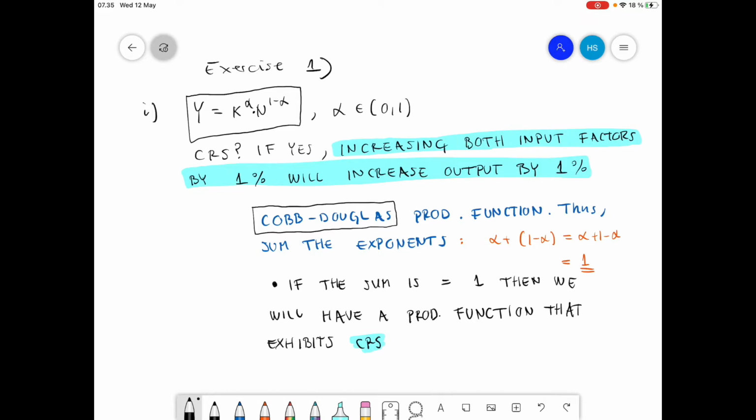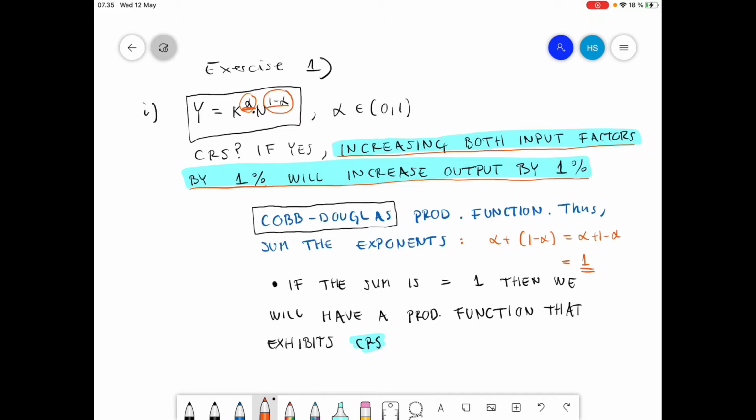If this production function is characterized by constant returns to scale, we know that increasing both input factors by 1% will increase output by the same amount, that is 1%. So since we have a Cobb-Douglas production function, we can just sum the exponents in order to assess whether the production function exhibits constant returns to scale.